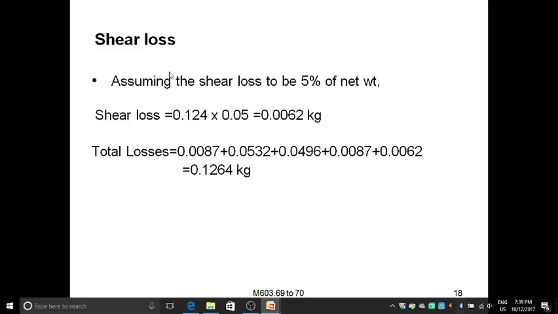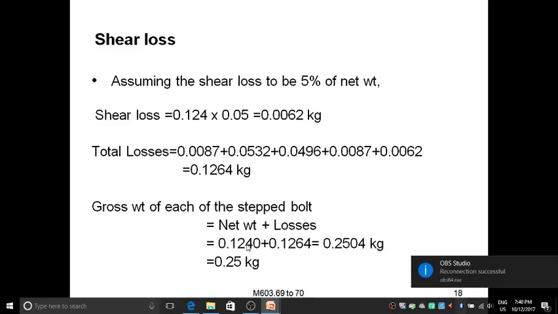You already calculated all the losses and added all those losses here. So the value of the total or gross losses weight is 0.126. You can observe the net weight of the object as well as the losses.